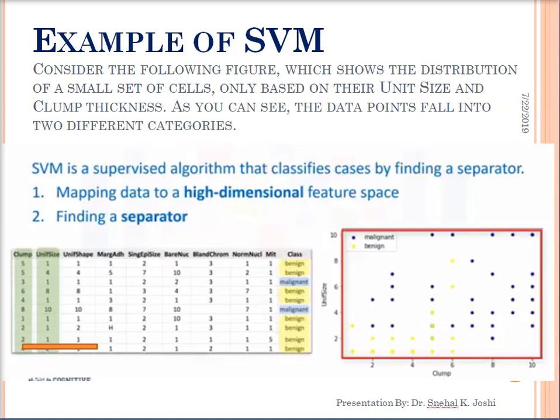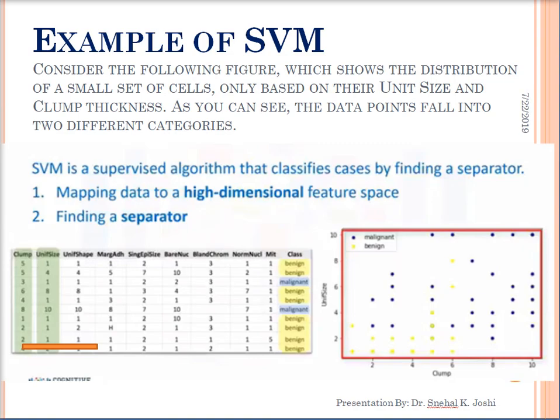Here, the graph shows yellow and blue dots representing benign and malignant respectively. This is a data point representation of a small portion of the data set which signifies that both classes, malignant and benign, are not linearly separable.